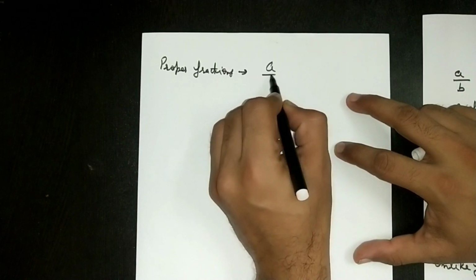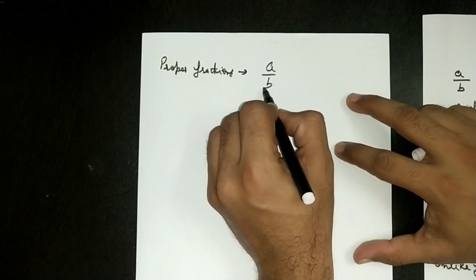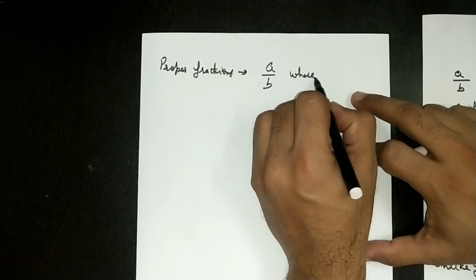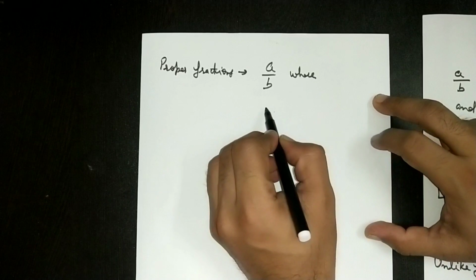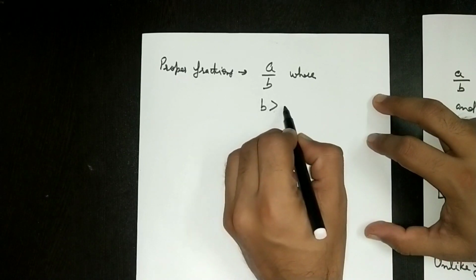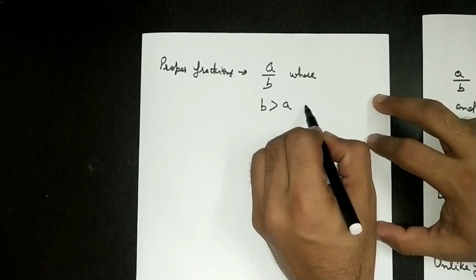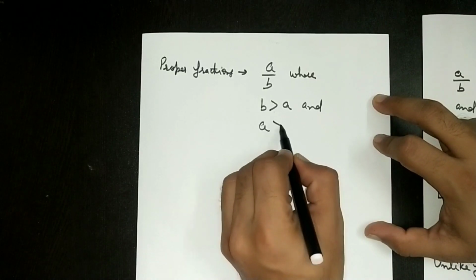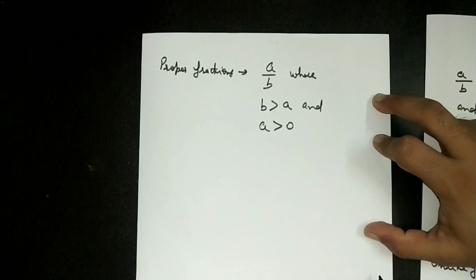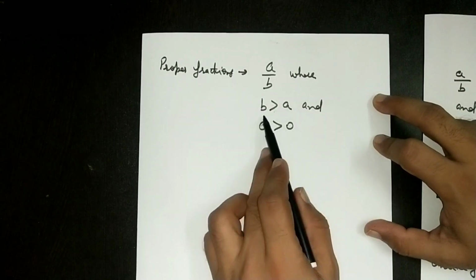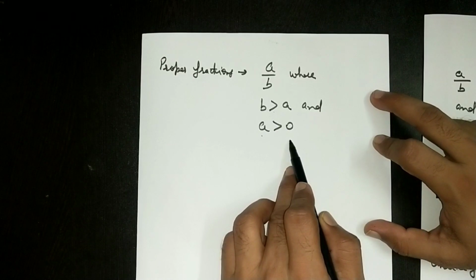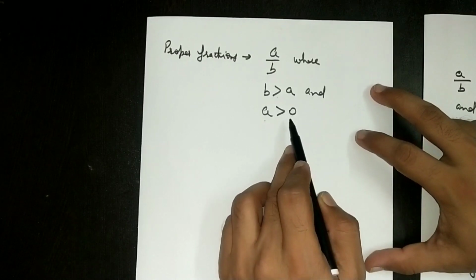When A divided by B, where B is greater than A and A is greater than 0, it means it is a proper fraction.